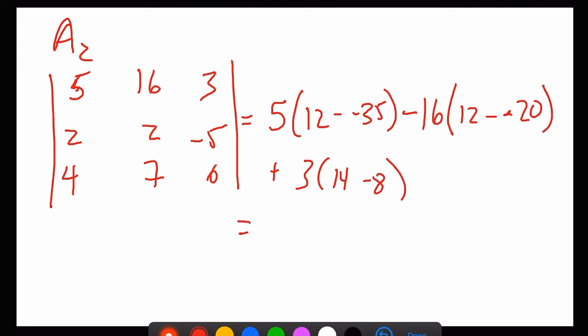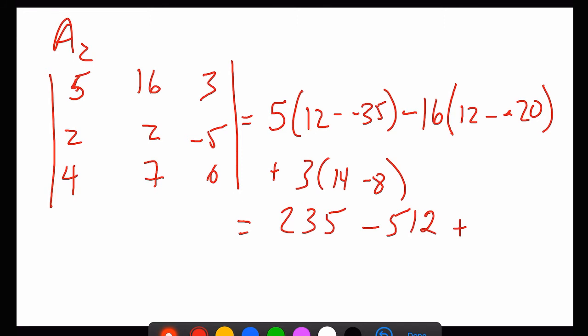Okay, so that's 5 times 47, which is 235, minus 16 times 32, which is 512. Plus 3 times, I must have got the sign wrong. Trust me on that last one. It should be minus 111. So I got a sign wrong. We'll go back and fix it.